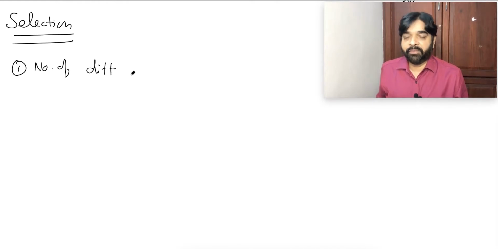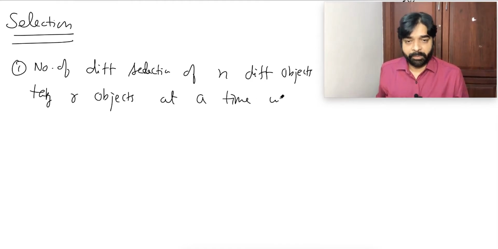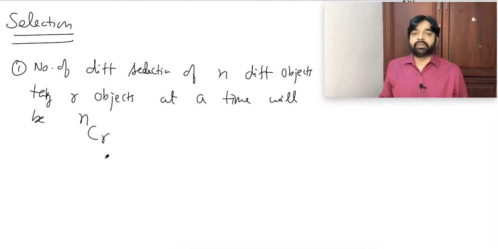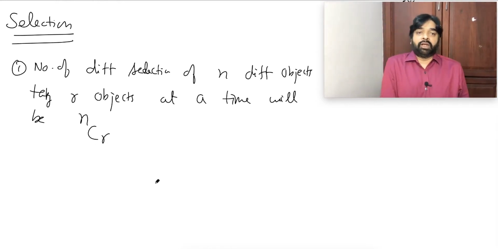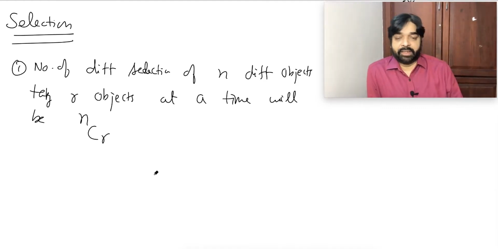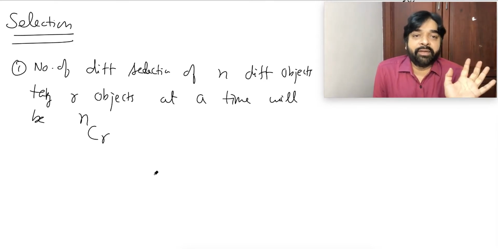Write down, everybody: number of different selections of n different objects taking r objects at a time will be nCr. The meaning is n combination r. So nCr is the statement. nCr represents that you are selecting r objects out of n different objects.